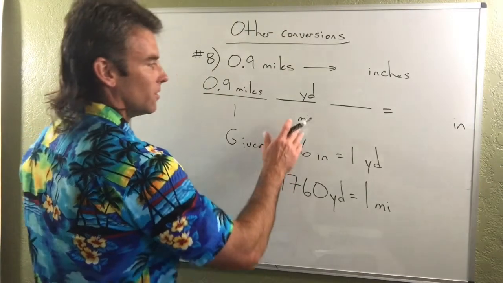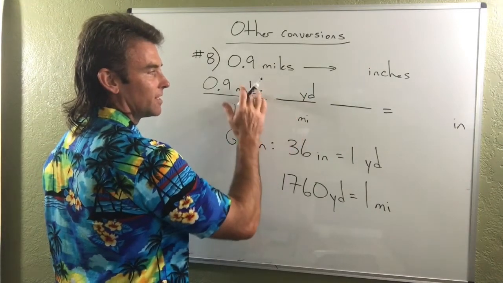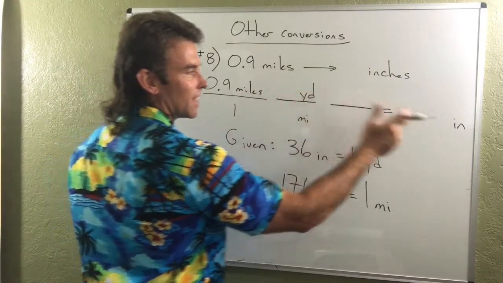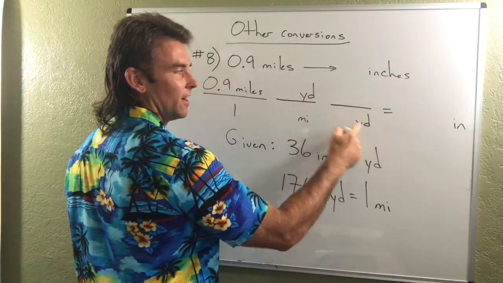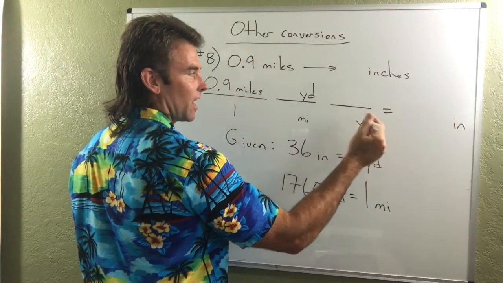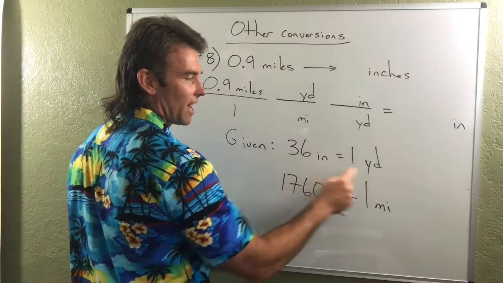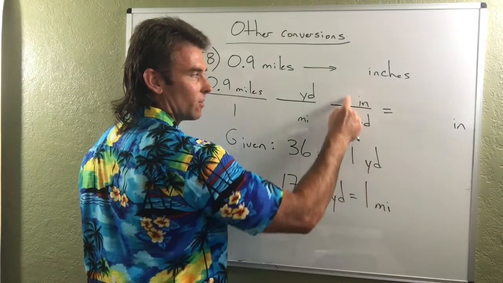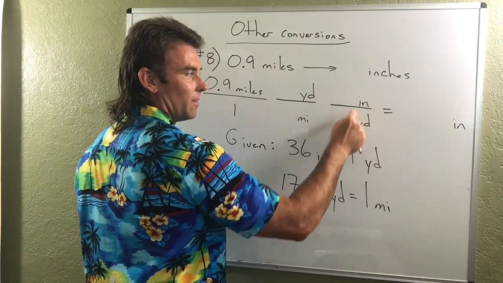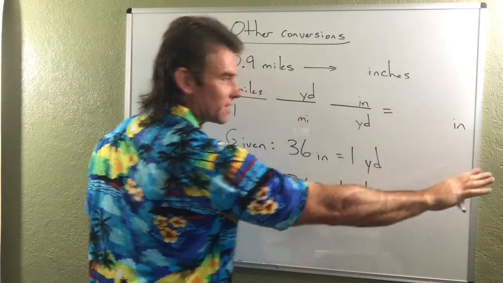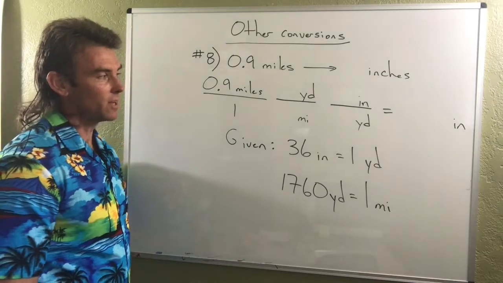So now we can cancel out miles. The problem is that I don't want to end in yards, so I need to put yards down here to get those to cancel. And then I recognized that I have some information that directly relates yards to where I want to go, right? And so if I just plug in the right numbers, I'm going to end up with the right value here.